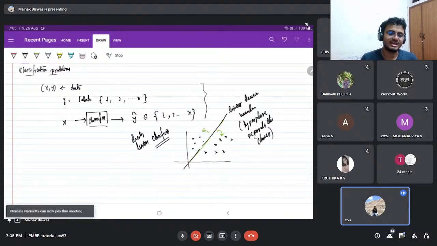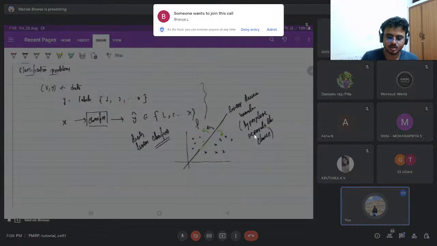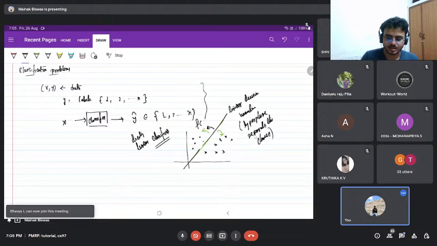So you need to fit a line so that you distinguish on one side of the line. If you remember your class 11 maths, if this is the equation of the line L of x, then for a point x1 hat on this side of your line, if L of x is less than 0, then x hat on the other side of this line will be greater than 0.